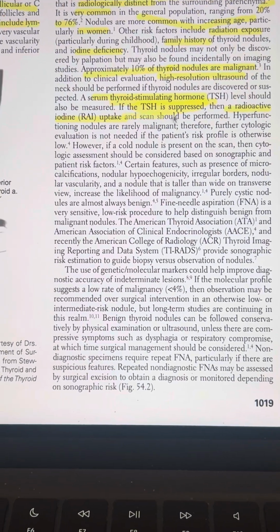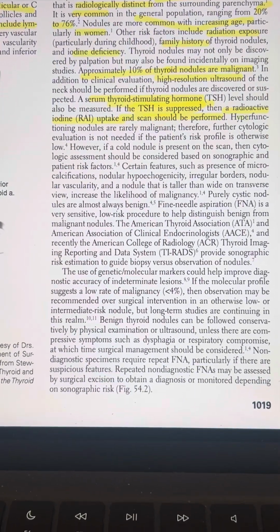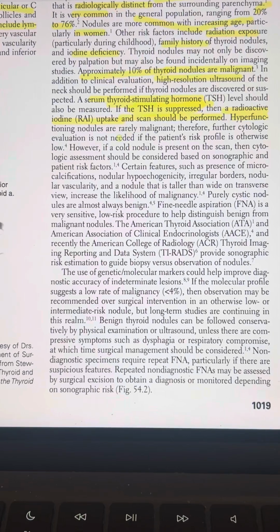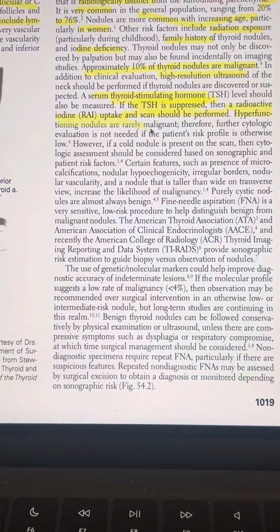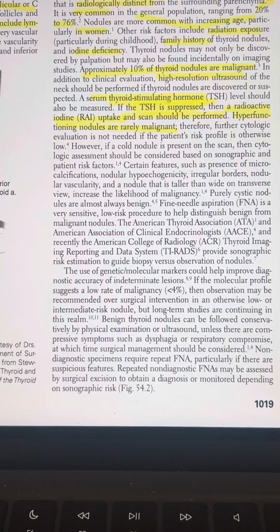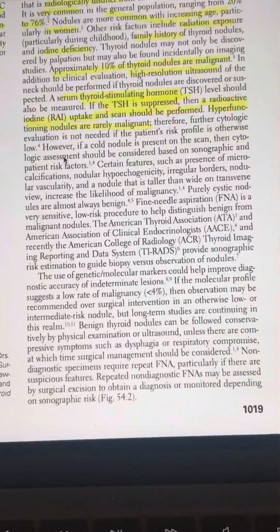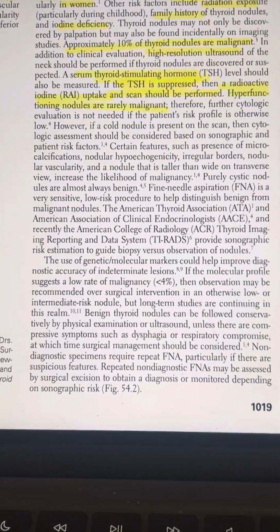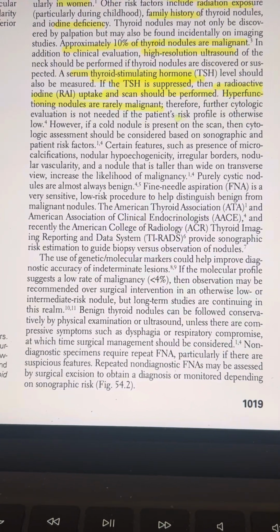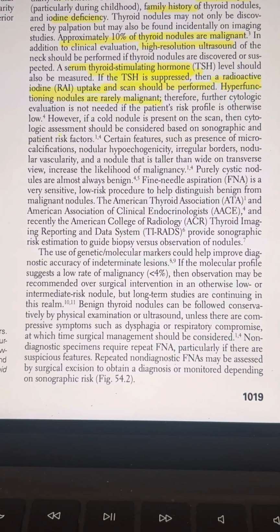Hyperfunctioning nodules are rarely malignant. So if TSH is suppressed, that means it is a hyperfunctioning nodule, and in that case malignancy is rare. Therefore further cytological evaluation is not needed if the patient's risk profile is otherwise low.